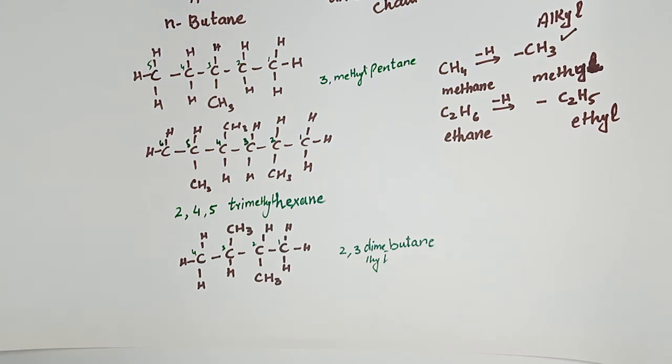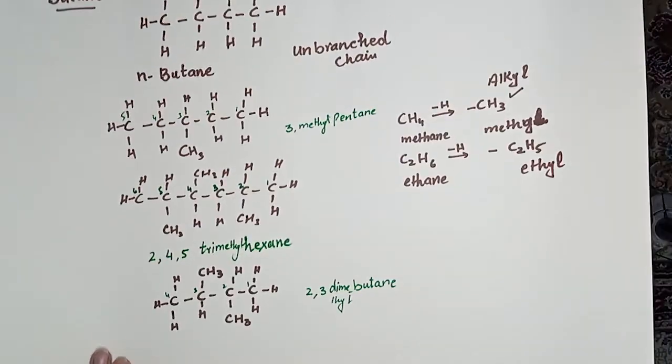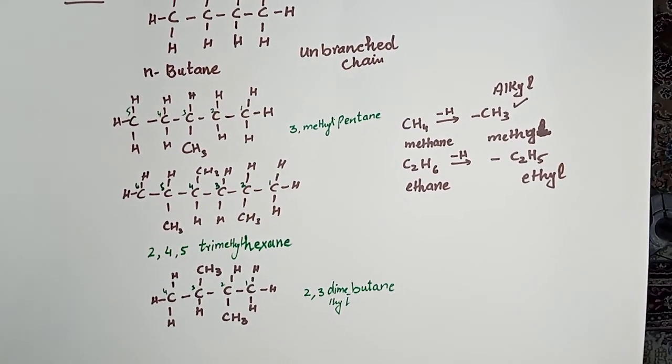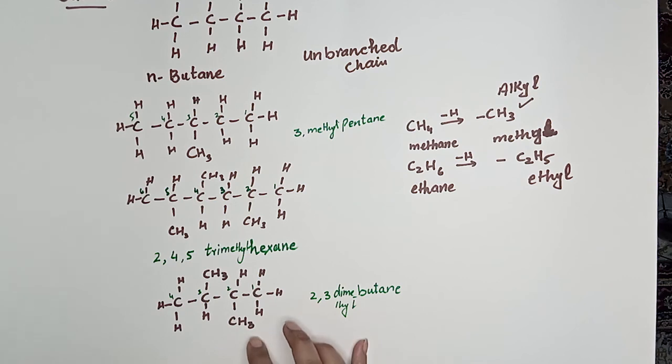So this is the way through which we will name the branched chain and unbranched chain. Unbranched chains are the straight chains, whereas branched chains have methyl or ethyl groups in the chain. But in your syllabus only the methyl group will be introduced here.